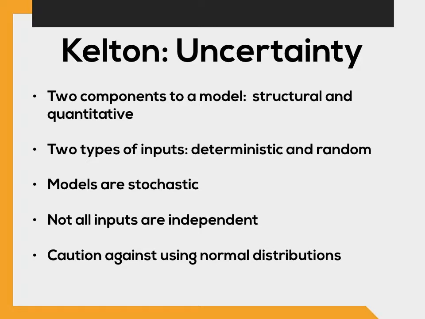I mentioned before deterministic inputs, things like deliveries that can be expected at the same time each week in the correct quantity. Others would be, for example, the number of machines in a model. We know these numbers. But then another kind of input would be the random inputs. And I've discussed what those are already.